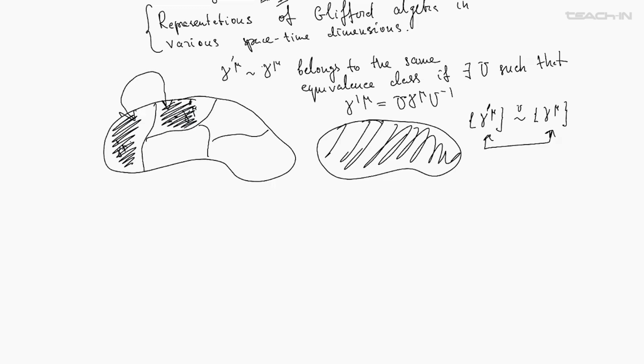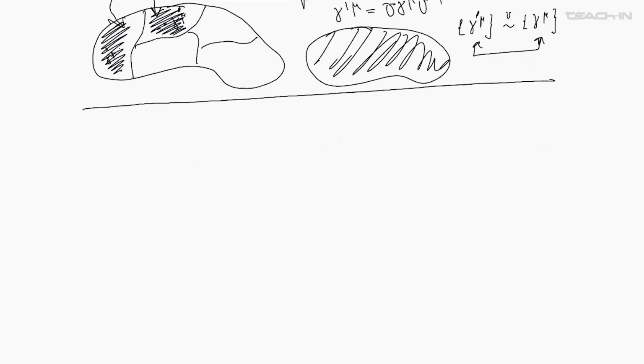So under these transformations, we actually have to understand what happens to our spinor psi. Spinor psi is, of course, a function on space-time. So remember, what is psi? Psi is a function on space-time.